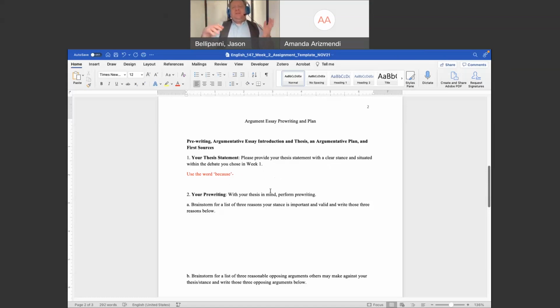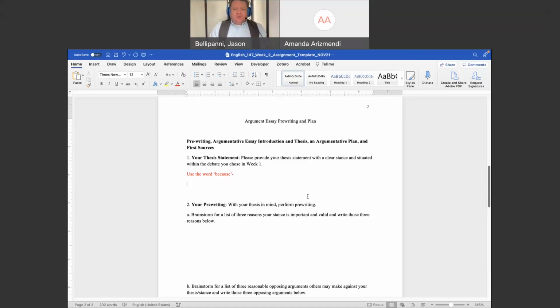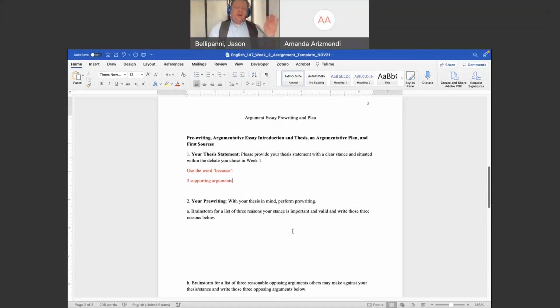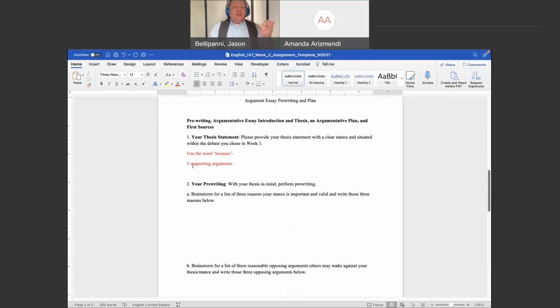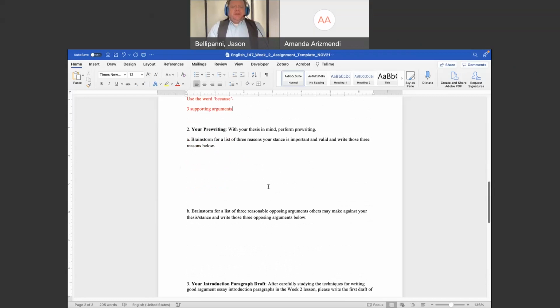If it's too broad, it will also be difficult. So it's this game. There's no real specific formula, but you do want eventually to come up with 3 supporting arguments. That's also why they have you talk about 3 reasons why your stance is important and valid, and then 3 opposing ideas. So the 3 is there. You're trying to have a thesis statement that ends up having 3 supporting arguments.